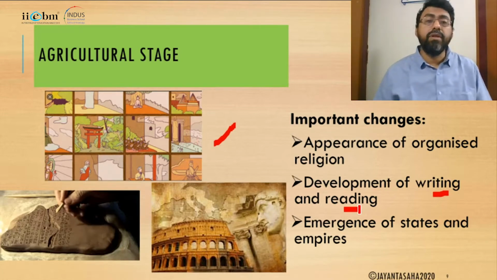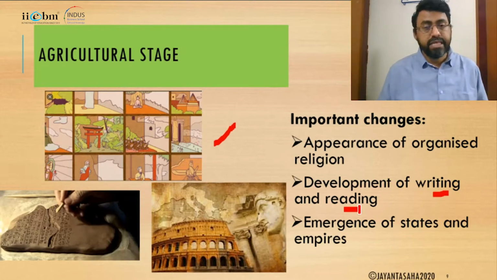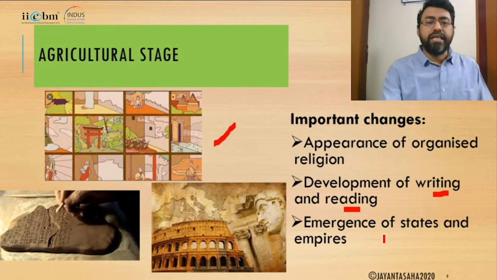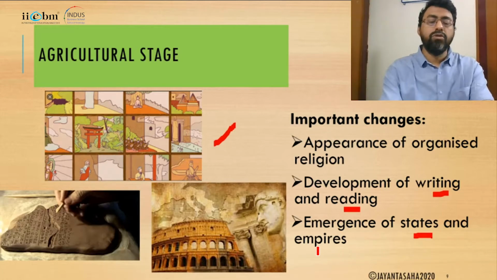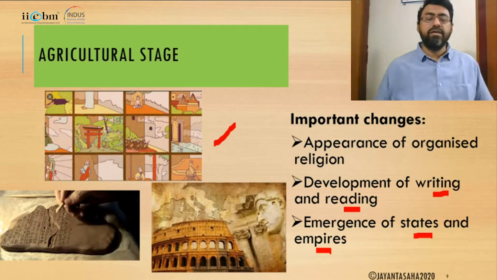So a lot of what we today call soft skills are evolving as a necessary tool for human survival. This is a very interesting way of being. Then there is the emergence of states and empires.